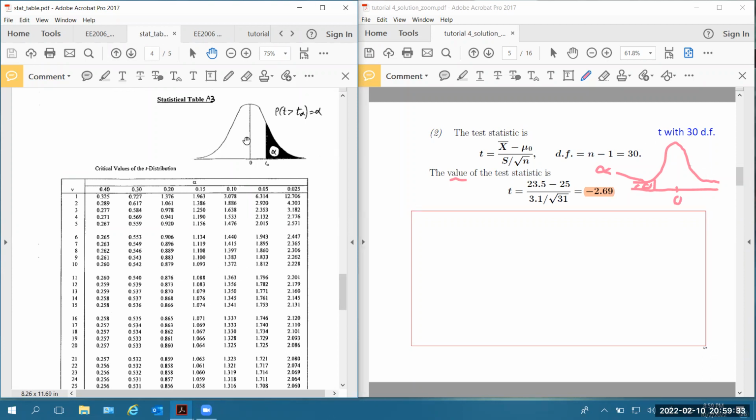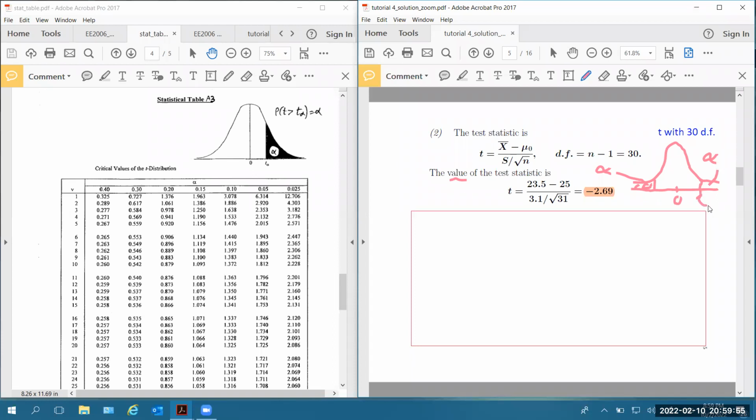However, because of the symmetry, what you can do here is that if you go and draw something here, having the same area, that means this area is also the alpha, also the 0.01. And then this number you can find.